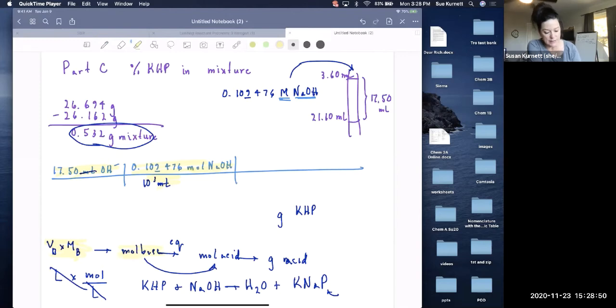So now I'm going to use the balanced equation to get from moles of base to moles of acid. One mole of base is required because of this one you can't see for every 1 mole of acid. Now I'll use the molar mass to get to grams of acid, to get to grams of KHP.